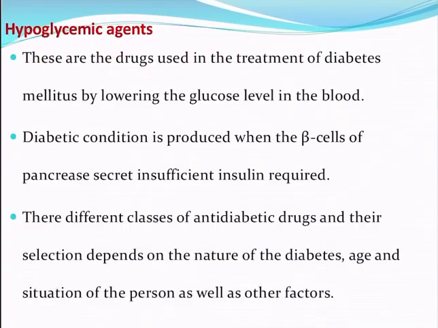The next is hypoglycemic agents. Hypoglycemic agents are the drugs used in the treatment of diabetes mellitus by lowering the glucose level in the blood. The diabetic condition is produced when the beta cells of the pancreas secrete insufficient insulin required for glucose metabolism. This is what is called type 1 diabetes mellitus.